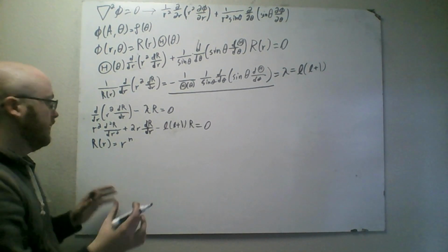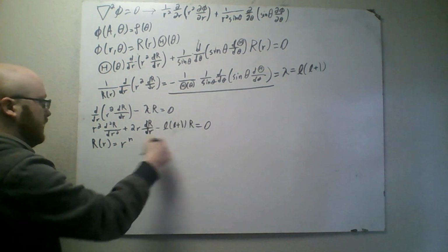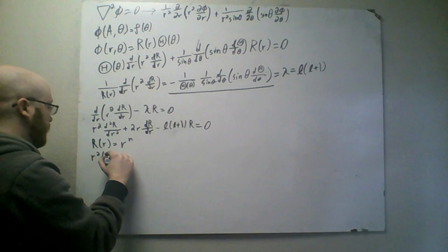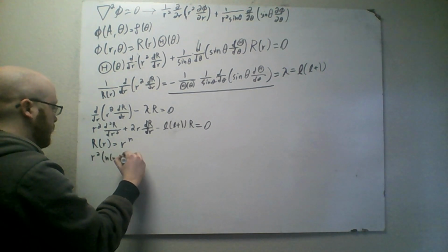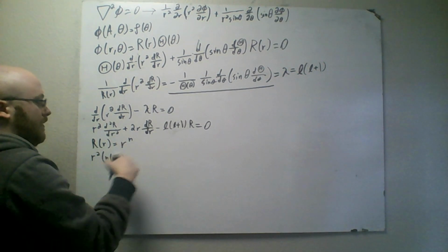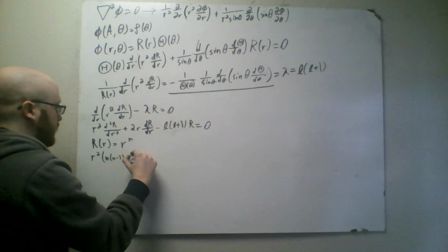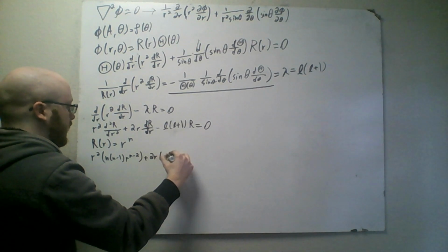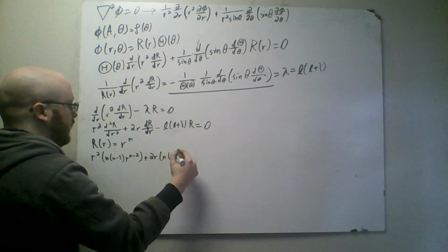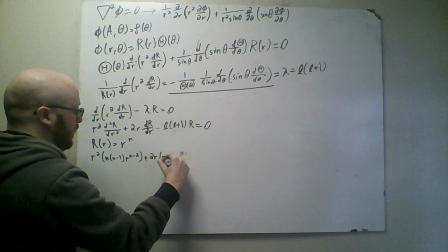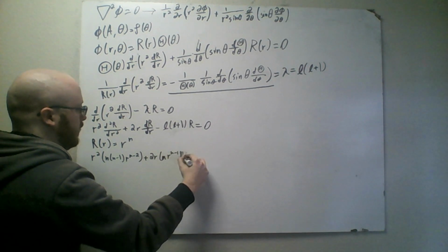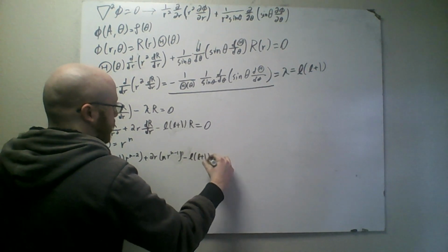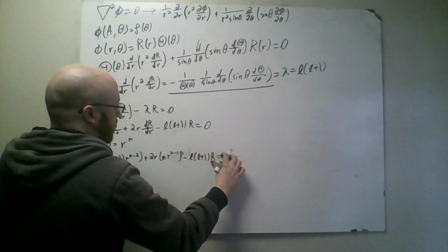I'll plug this into these. I end up getting r squared times n times n minus 1 times r to the n minus 2, plus 2r times n times r to the n minus 1, minus L times L plus 1 times r to the n.